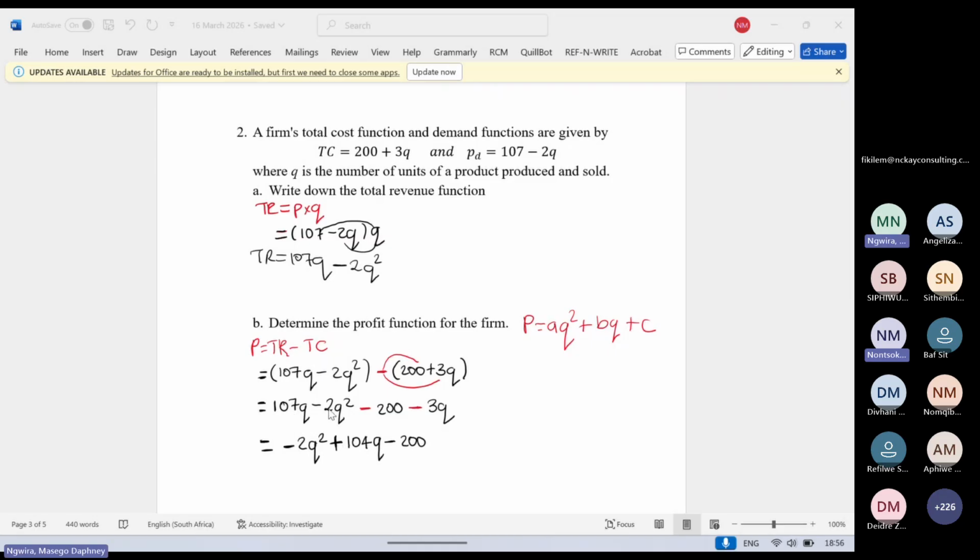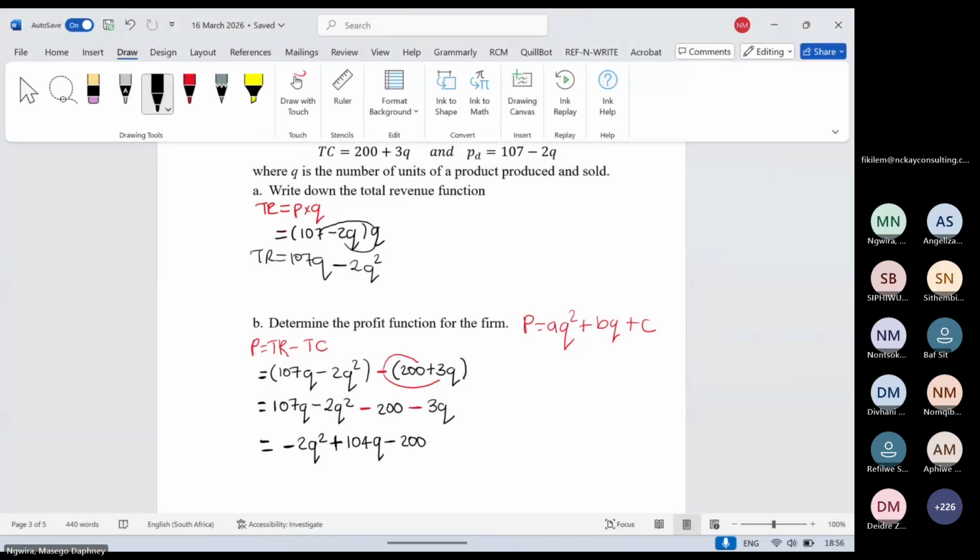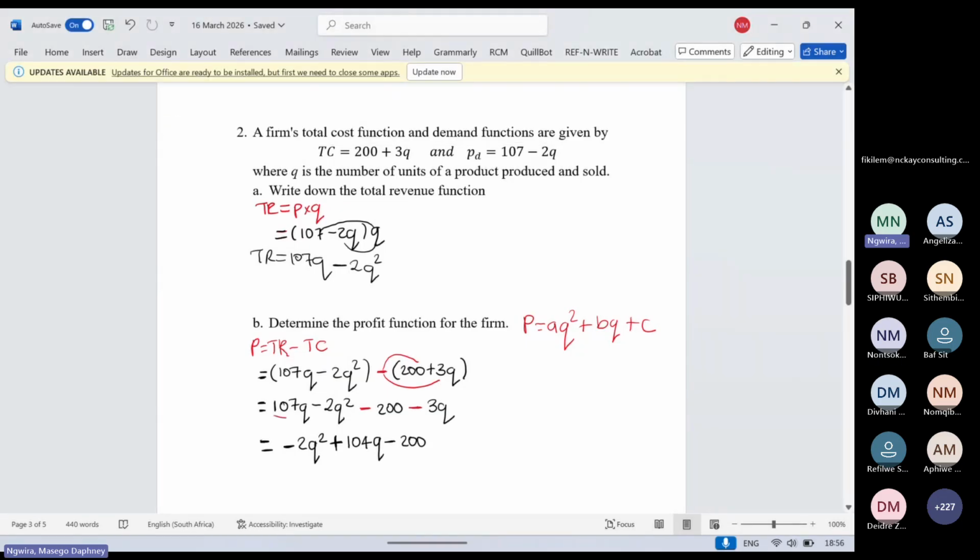I thought the signs only change if they go after. No, it didn't change. What I did is I just minus these 2. If you take your calculator and say 107 minus 3, is your calculator going to say negative or positive? Oh, it's positive.